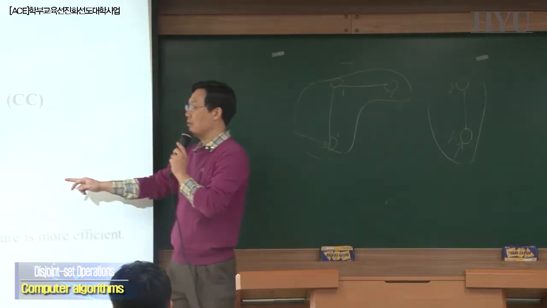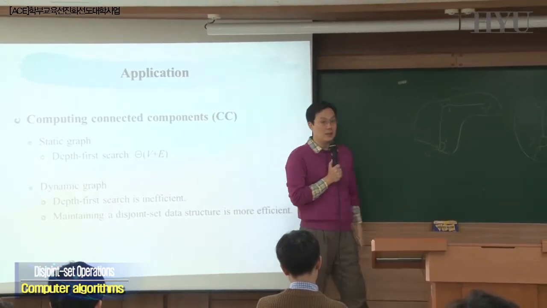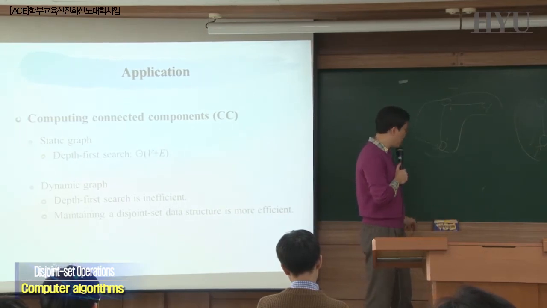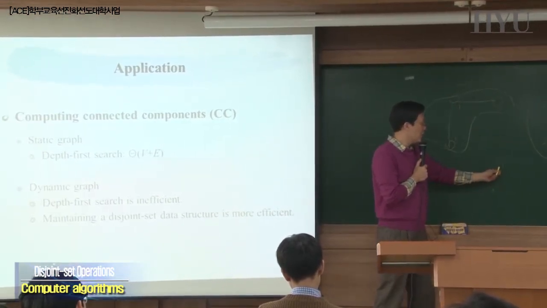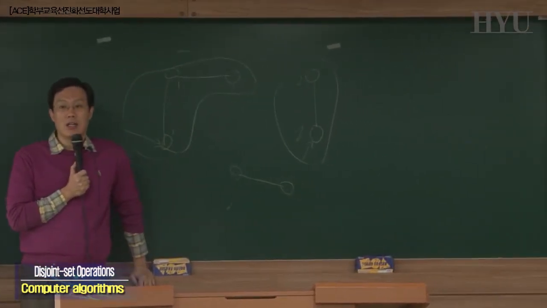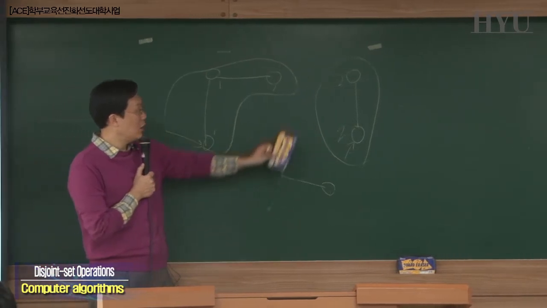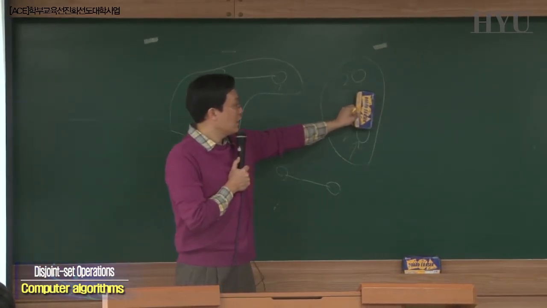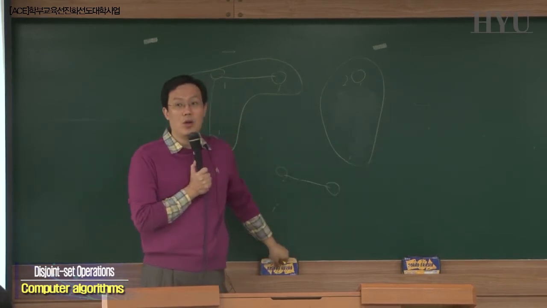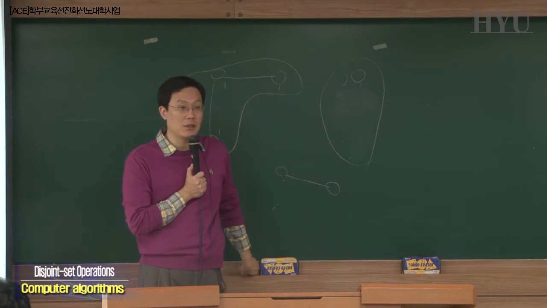Then let's think about a dynamic graph. A dynamic graph is like this. A new vertex, possibly a new edge, can be added. Or some edges and vertices can be eliminated.